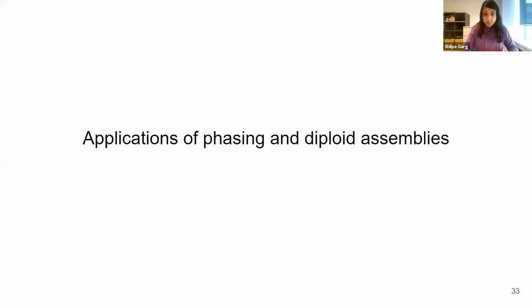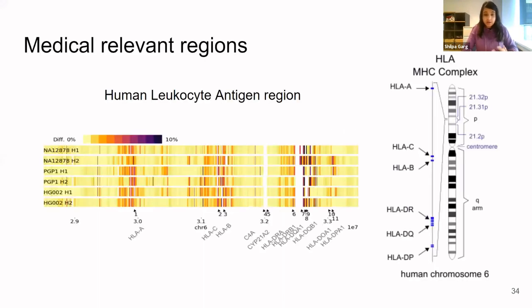Next, once we have these methods ready, what are their applications in biology or in medicine? So first, I more closely looked at a few clinically relevant regions, for example, HLA, which is a highly polymorphic region with many variations, is unique to every genome, and has known associations with autoimmune diseases, narcolepsy, and so on.